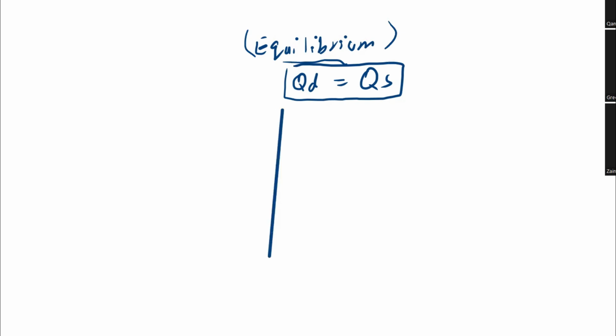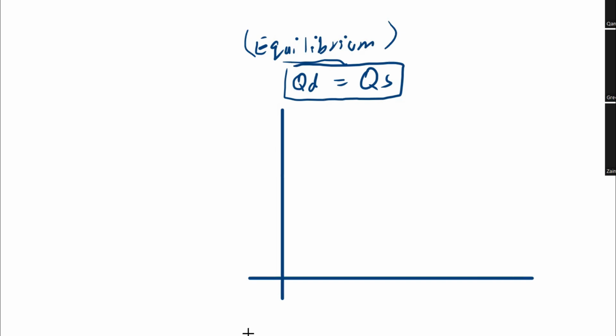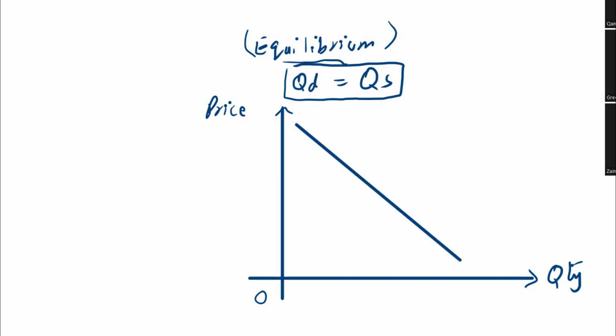And how to make the graph of equilibrium? You can simply look into this figure. This is the origin point. On X we have quantity, and on Y we have price. This is the demand curve, which is negatively sloped. You already know this graph, and the supply curve is positively sloped like this.